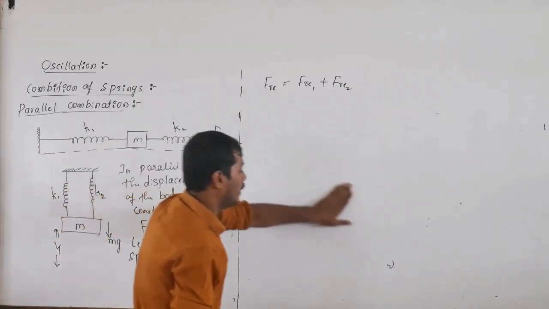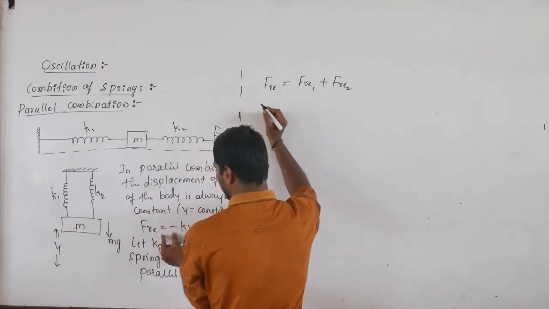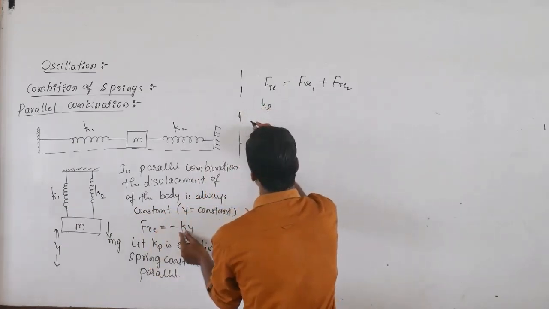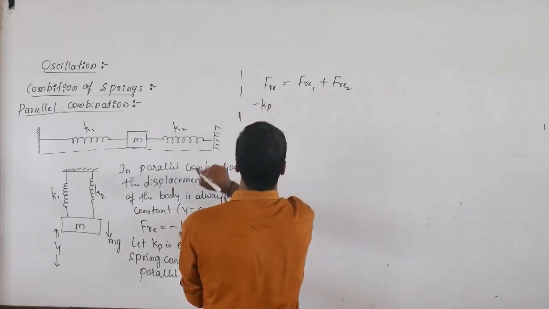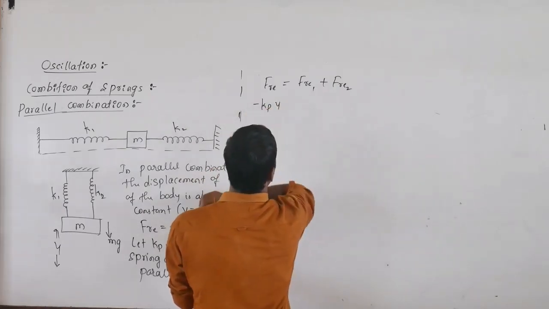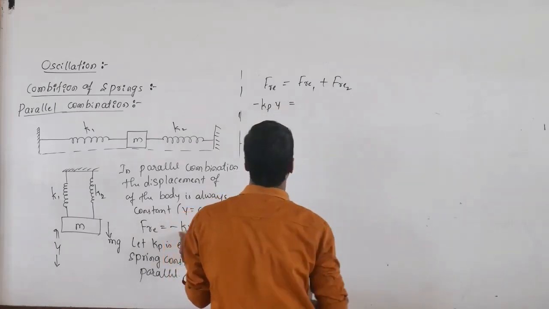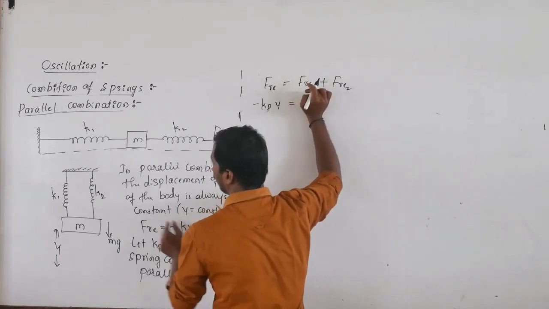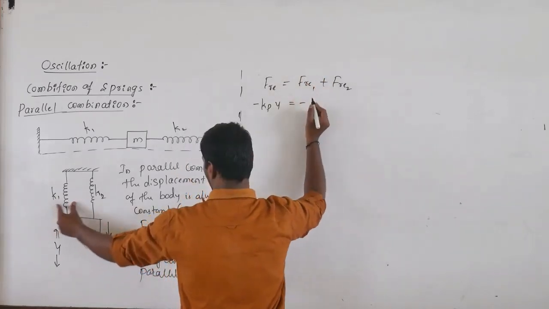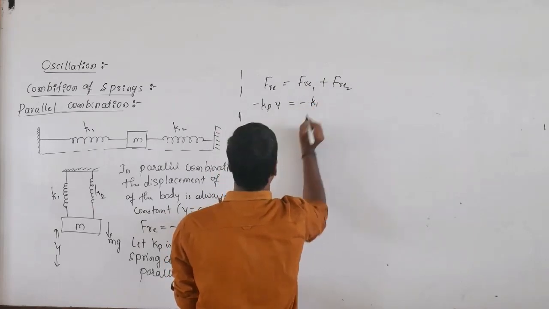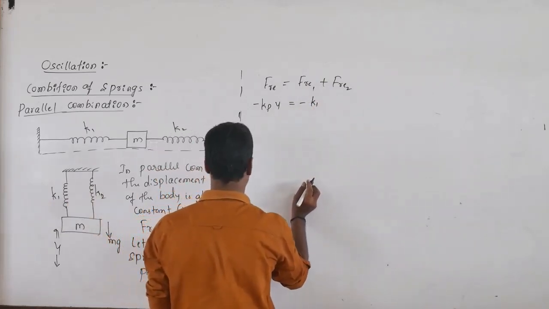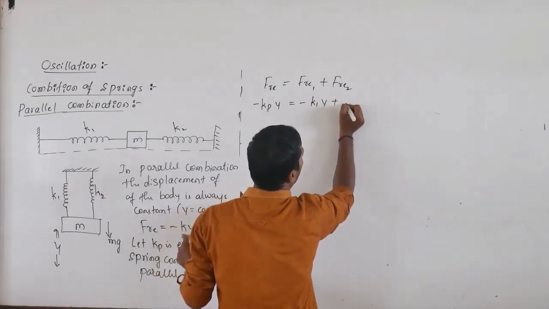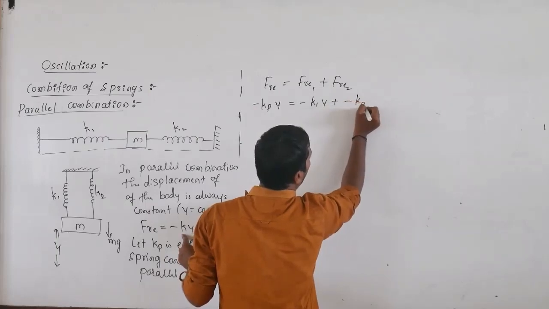If you take the total force using this formula, Kp is the effective spring constant, so minus Kp into the displacement, which equals minus of the restoring force of the first spring. That becomes minus K1, the spring constant of the first spring, and its displacement is the same, and another one is minus K2 into y.